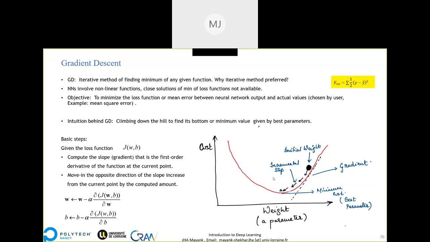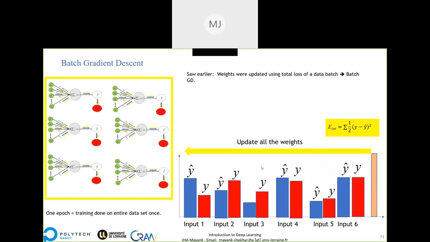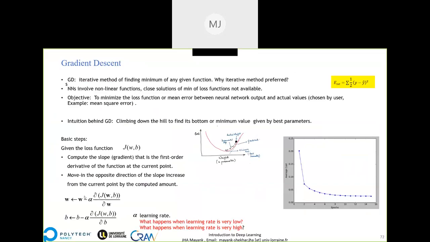Okay, so we did gradient descent. Let's go ahead. So what's going to happen now? We saw this earlier. The weights are updated using the total loss. We had six inputs. We calculated loss for each one of them and added the loss. Now we are going to backpropagate the loss into the network and change our weights using this mechanism.